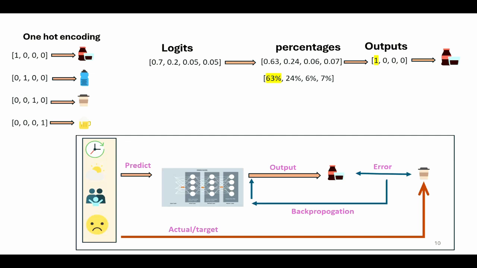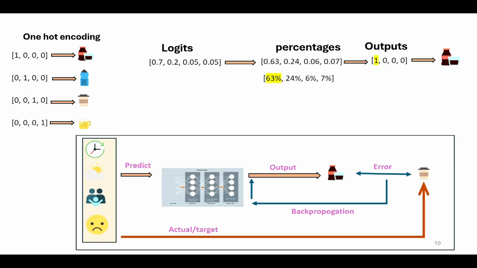Position 1 is soda, right? So it gets a list of these, think of them as random numbers, but because you can only have 4, it takes it together, makes a percentage of it, and then says, this is what I think the output is supposed to be, the soda, right?